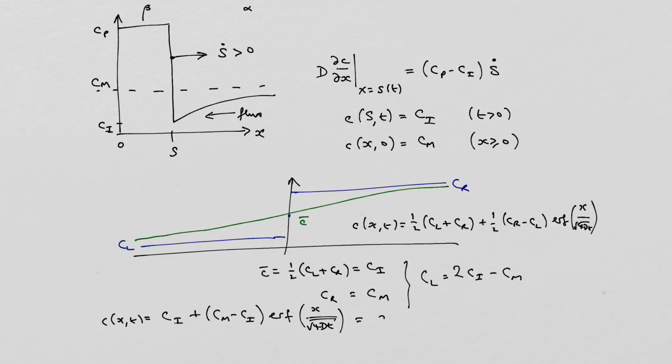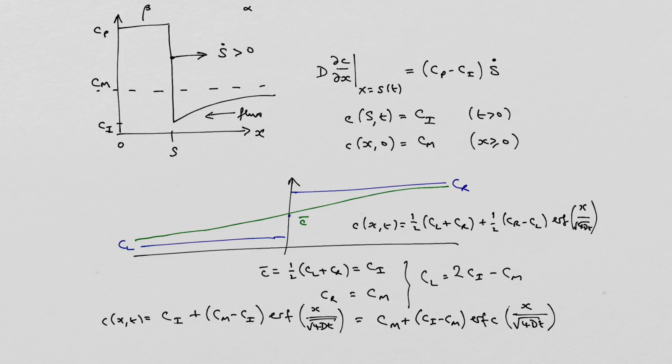I'm going to write this in a slightly different way. I've got a new function here, the complementary error function. The complementary error function is 1 minus the error function. If you put that in, you'll be able to see. And the point is now I've just got CM there.